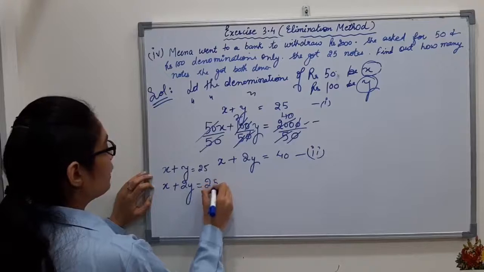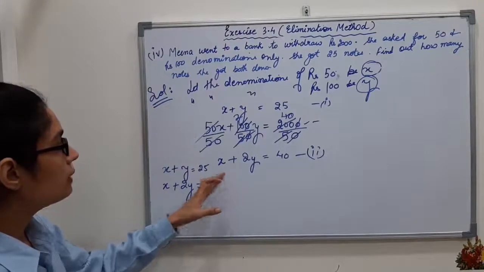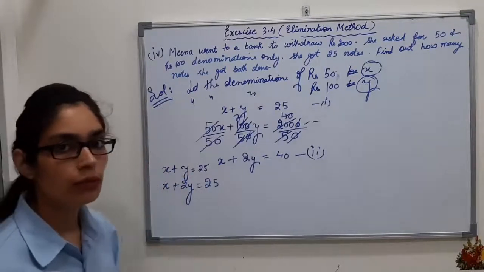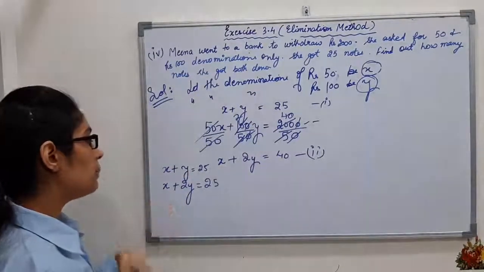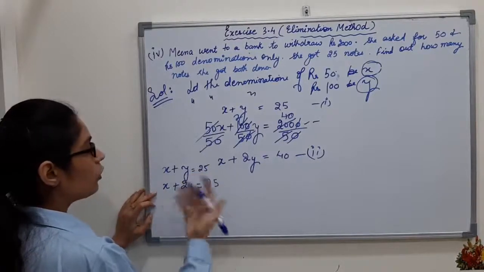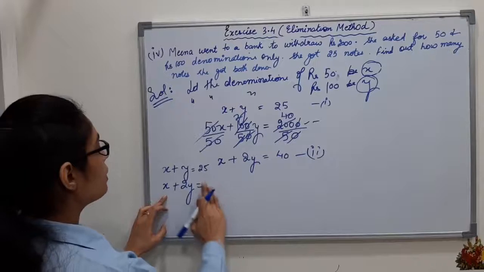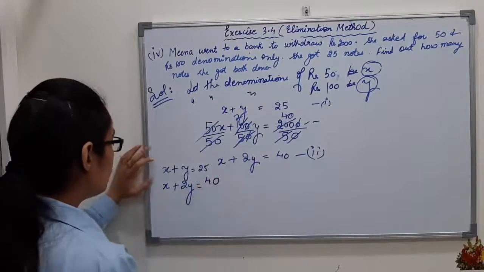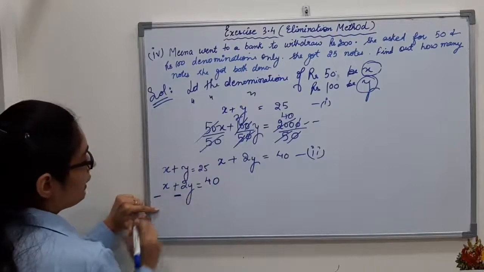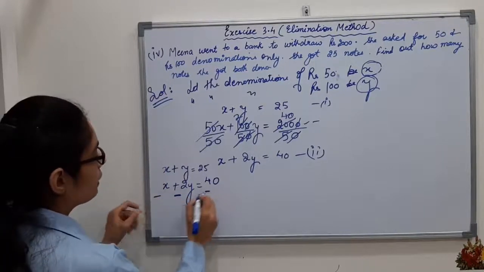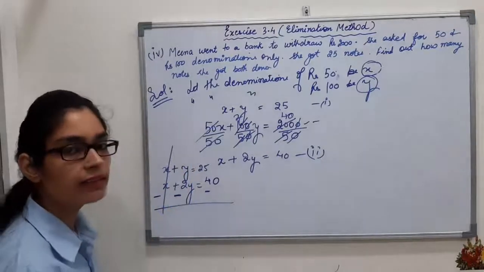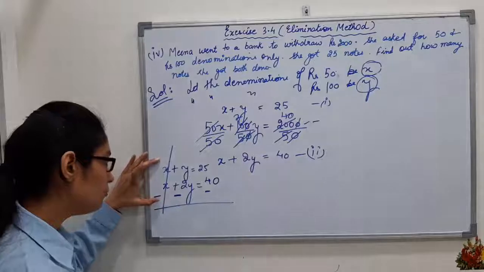We will eliminate one of the variables and I can see x is same. If x is same, I don't have to do any further multiplication. I can simply subtract. So I will subtract the first equation from the second: x plus 2y is equal to 40. On subtracting, the signs will get changed. Here minus will come, here again minus will come, because plus is there. I can happily remove this and successfully remove one variable.